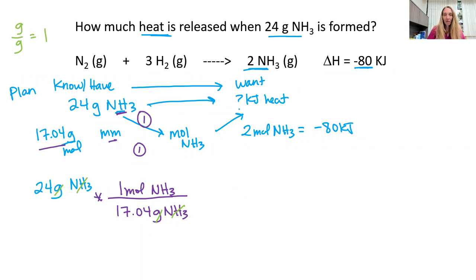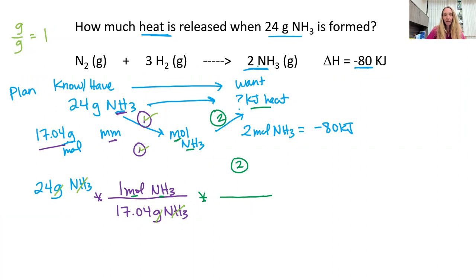Okay, so I've done my step number one, and now I have another arrow. So if I have another arrow, and we'll do green, then I need to have another dimension. So I'm going to take multiplication, do another dimension. And this is going to be my second step. In my second step, I'm going to go from moles of NH3, notice moles of NH3 here, and I'm going to go to kilojoules of heat.